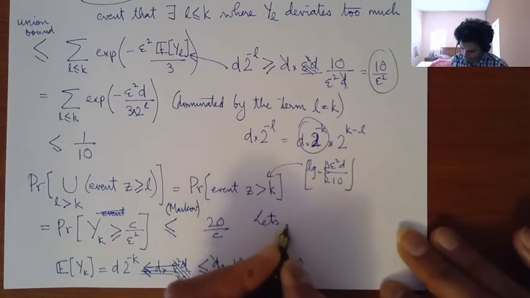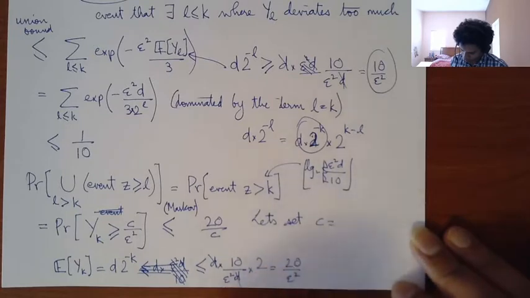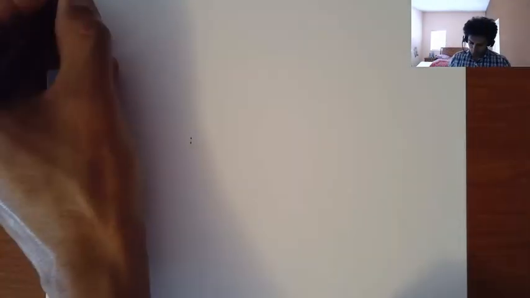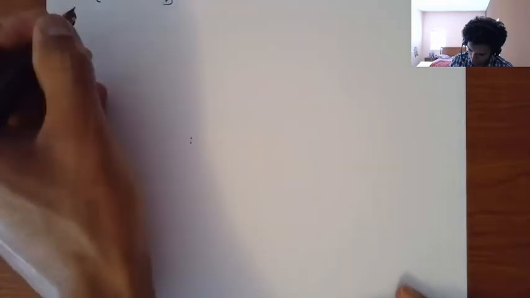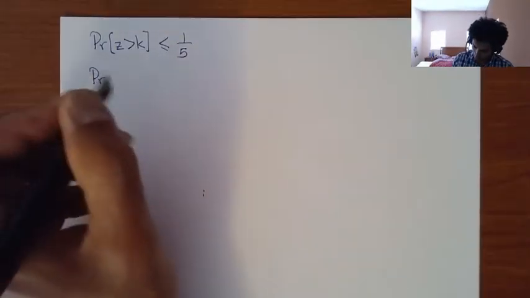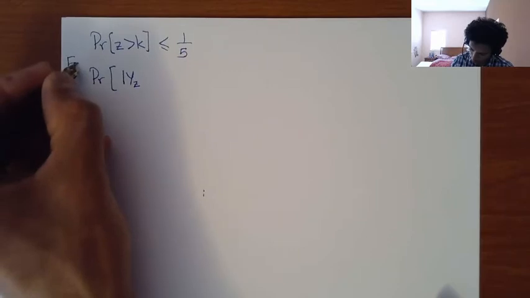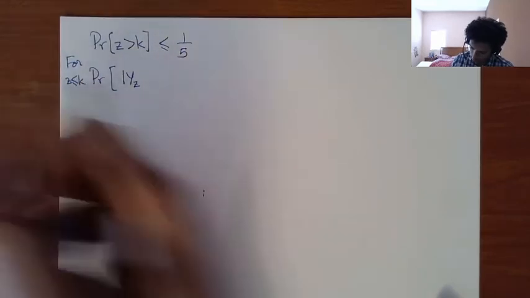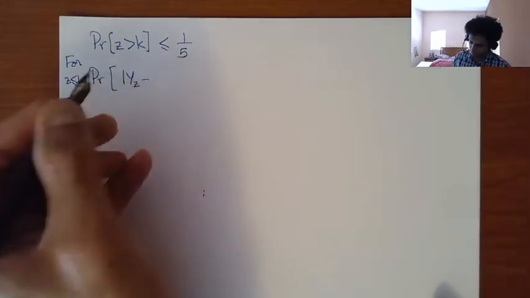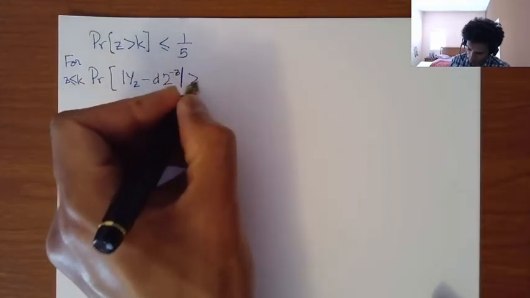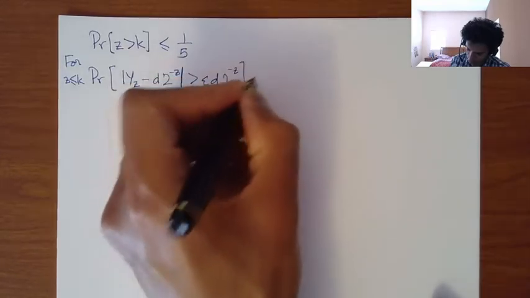So let's set c to be like 100. So what this means is that the probability that z is going to be strictly greater than k is at most 1/5, and then for z at most k, the probability that y of z minus 2 to the minus z is greater than epsilon d times 2 to the minus z is at most 1/10.